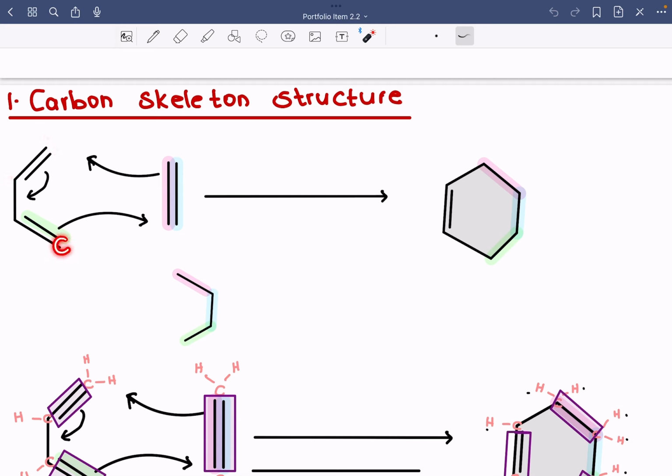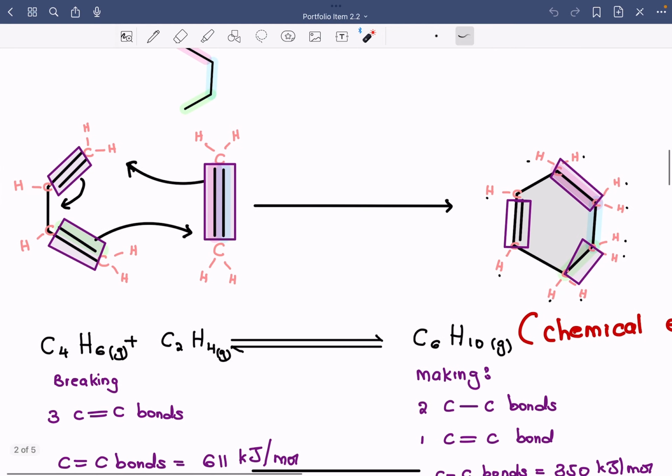And then our last carbon from this structure is that carbon, right? And it has 1, 2, 3, 4, so it needs 2 more. So we already have 4 carbons, and it's 1, 2, 3, 4, 5, and 6. So in total we have 6 hydrogens, which I actually represented here.